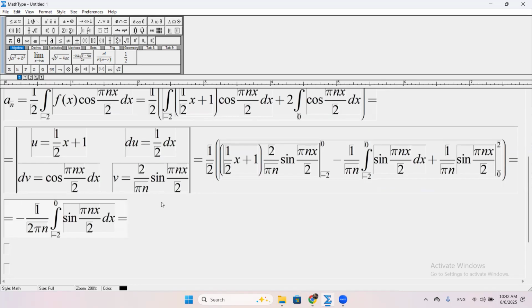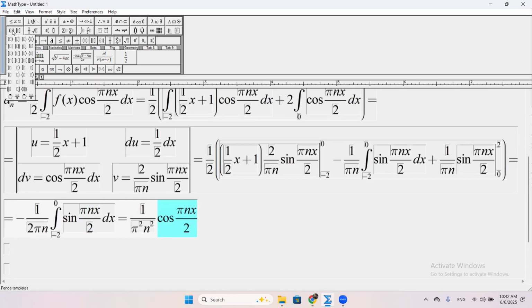Minus 1/2 P n integral. So let's integrate it. We will have minus will be eliminated, 2 will be eliminated, and I will receive 1 over P square n square cosine of P n x over 2, with the substitutions from -2 to 0.